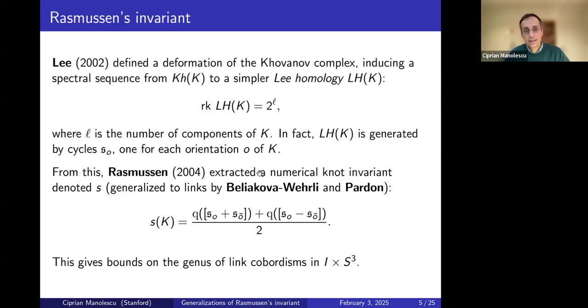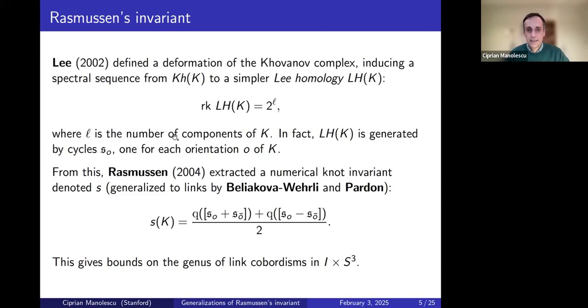And Rasmussen extracted from the spectral sequence, basically by looking at the gradings of the generators, some number called s. It's the average of the Jones gradings of the generators corresponding to an orientation and the opposite orientation, with this formula. So it does depend on the orientation of the link.